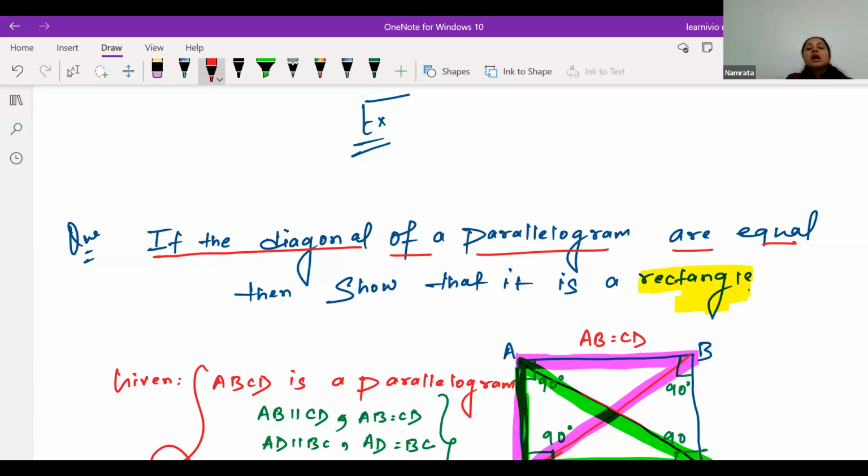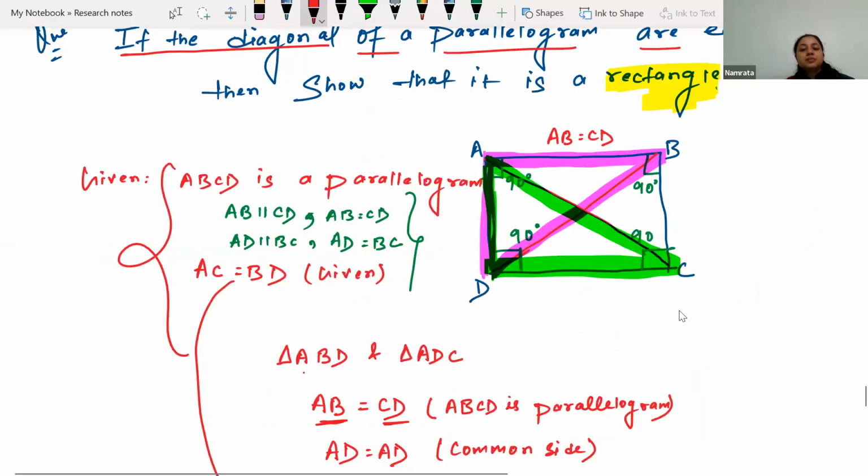So let's prove that. We take two triangles over here, any two triangles. Since we have the information that it's a parallelogram, AB equals CD, AB is parallel to CD, AD is parallel to BC, AD equals BC, and both diagonals are also the same. Accordingly we have taken two triangles and proved that they are congruent. Now our focus is on taking two interior angles of this parallelogram.